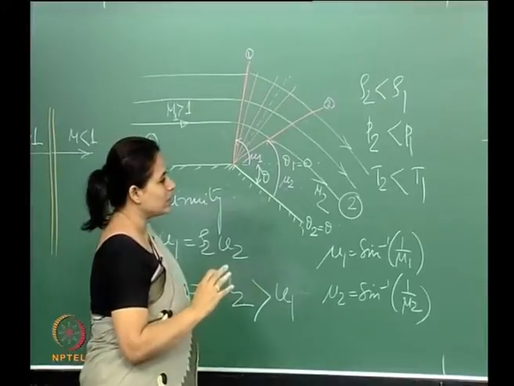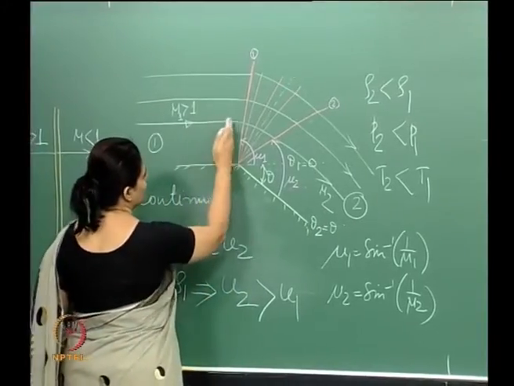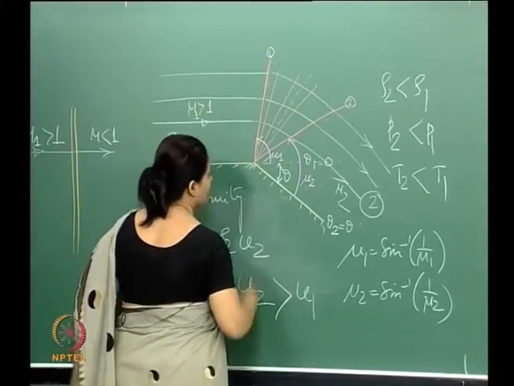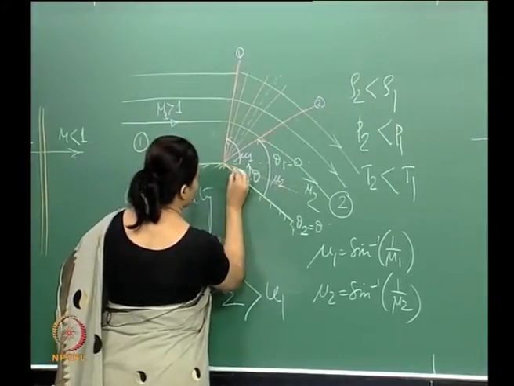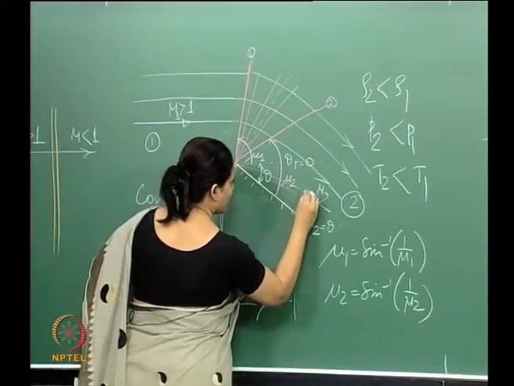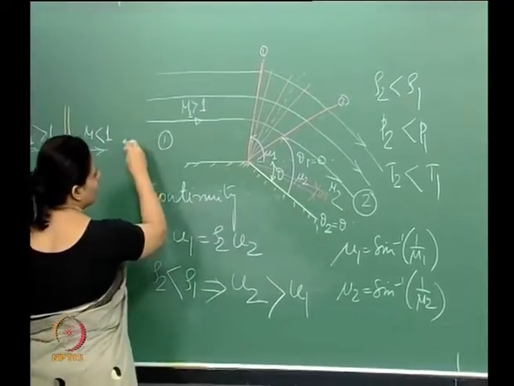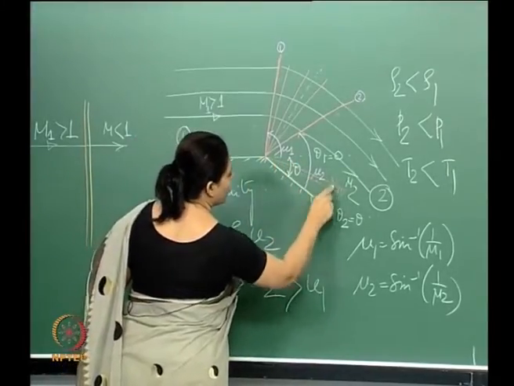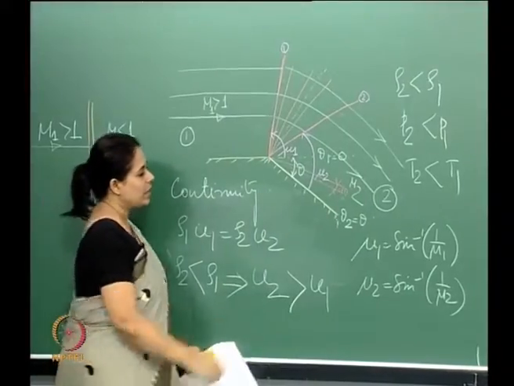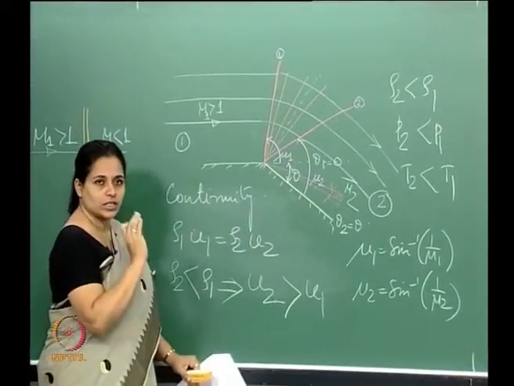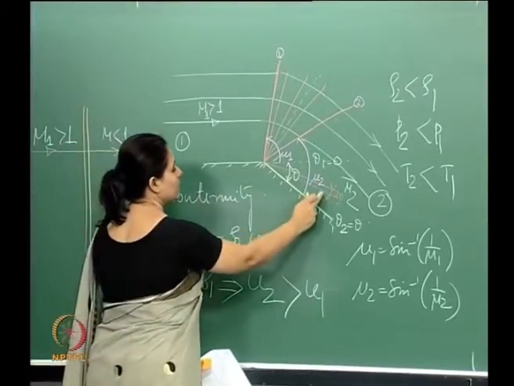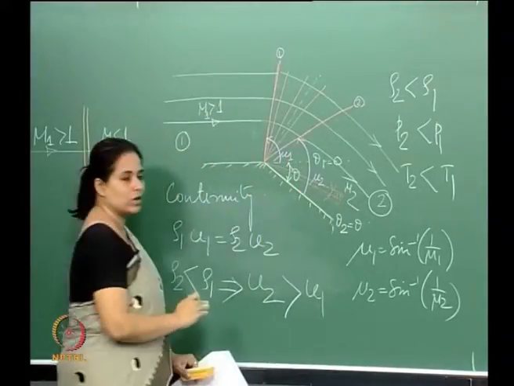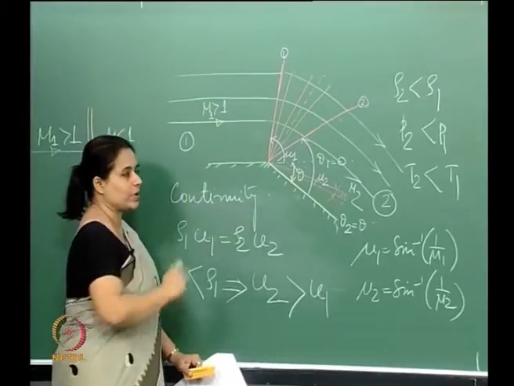And what we have found out is that if I have this incident wave and I deflect it, or expand it, by an infinitesimal angle d theta, right, then there is a relationship of this change in the deflection angle with the Mach number beyond the expansion wave, right.